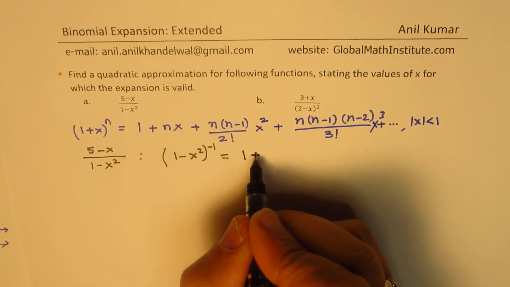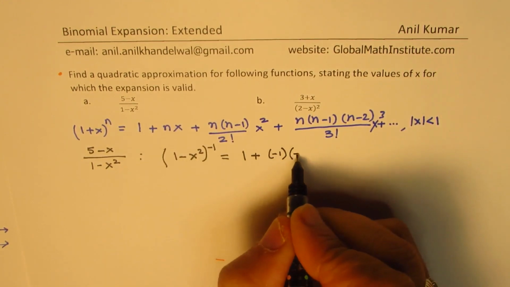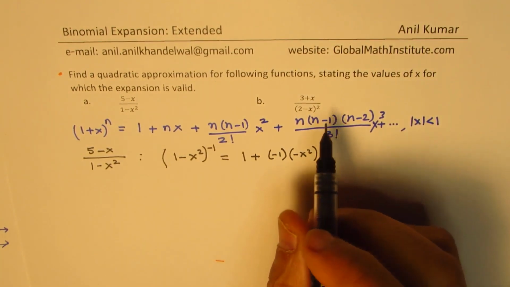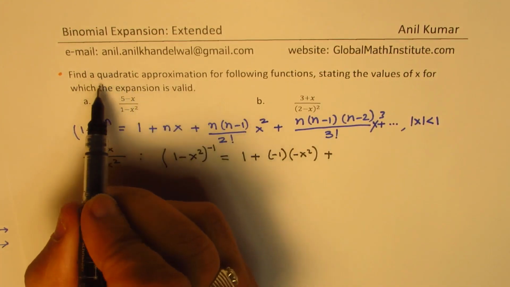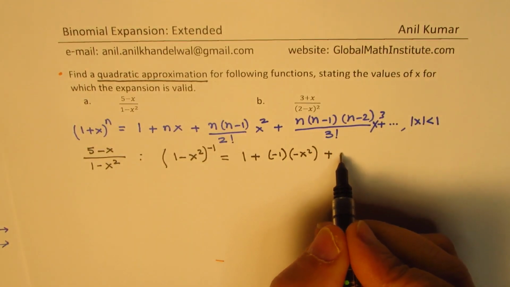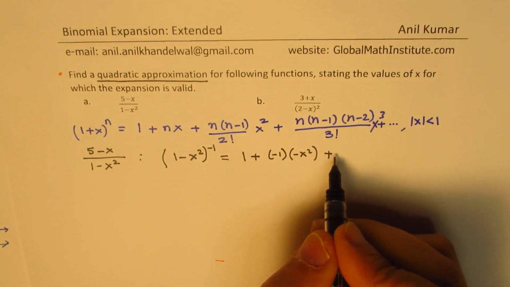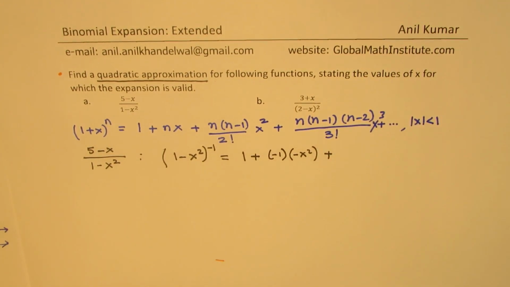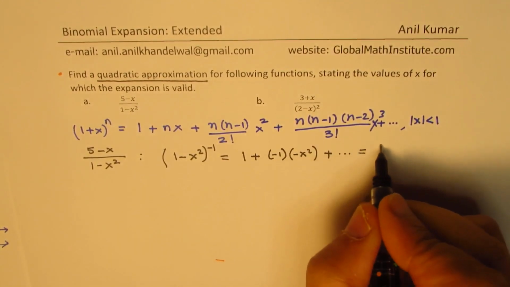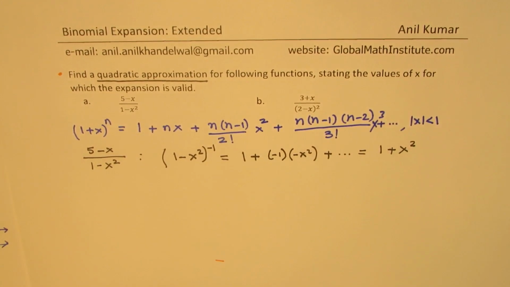So what we get here is 1 plus n, which is minus 1, times the other term, x, which is minus x squared, and the next term is plus. Now since we need to only go for a quadratic approximation, we need not take higher terms. Here we'll have a cubic term and much higher, so we are going to neglect these. So we'll approximate this to 1 minus, and minus times minus becomes plus, so 1 plus x squared. Is that clear to you?